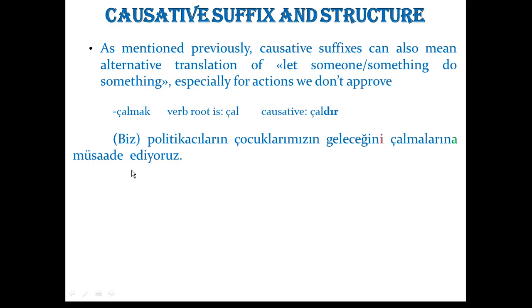Müsaade ediyoruz as a translation is used as counterpart mostly of let someone. But here the translation, we let the politicians steal our children's future. So the translation word by word.